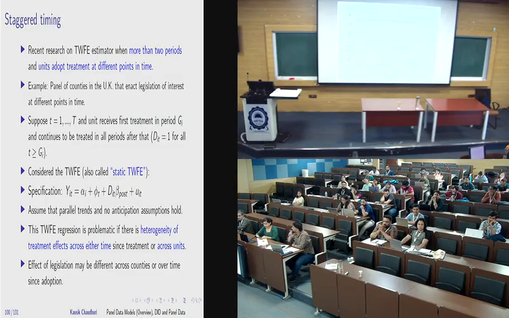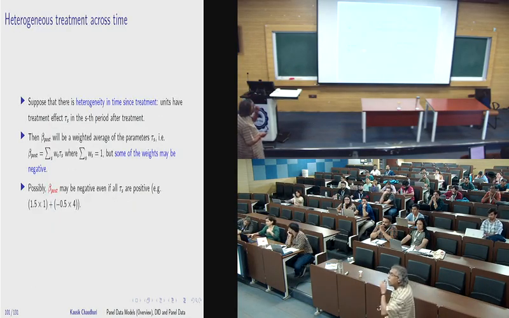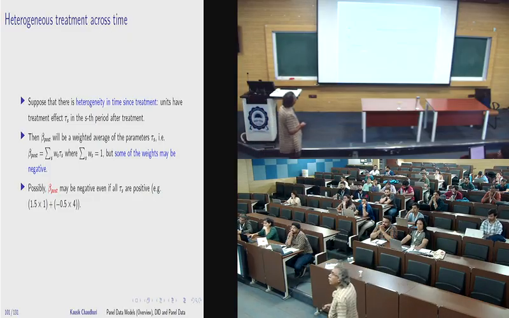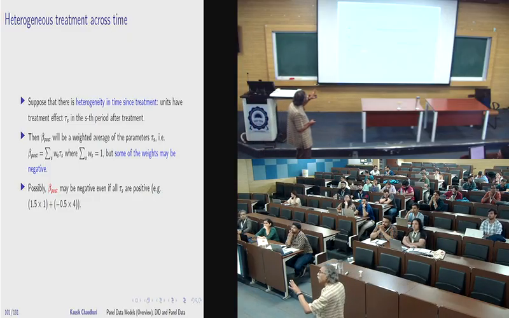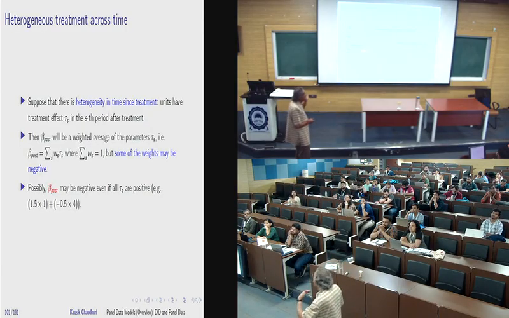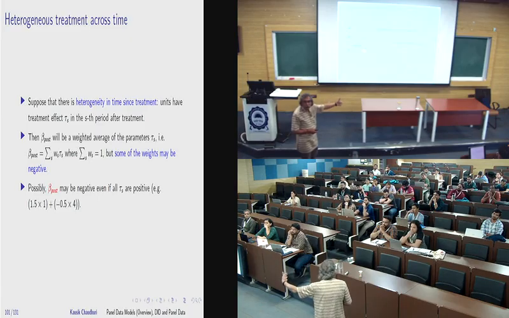Given this, what I want to think of is heterogeneous treatment effects across time. Suppose there is heterogeneity in time since treatment, so units have different effects, tau_s, in the s-th period after the treatment took place, right?